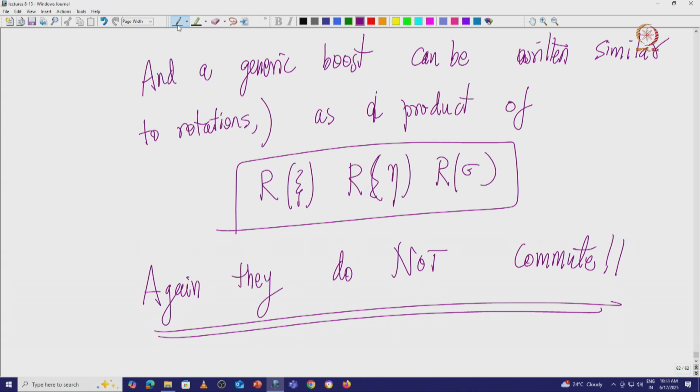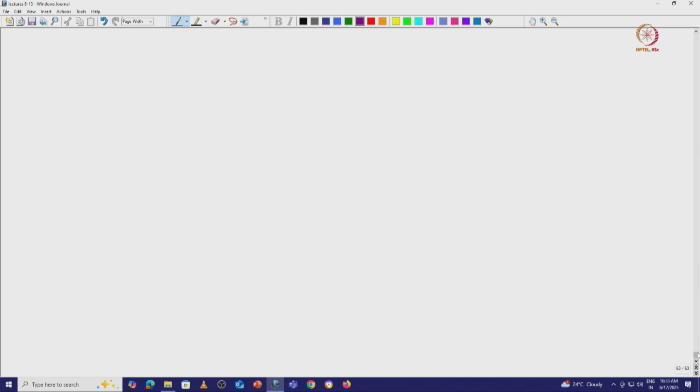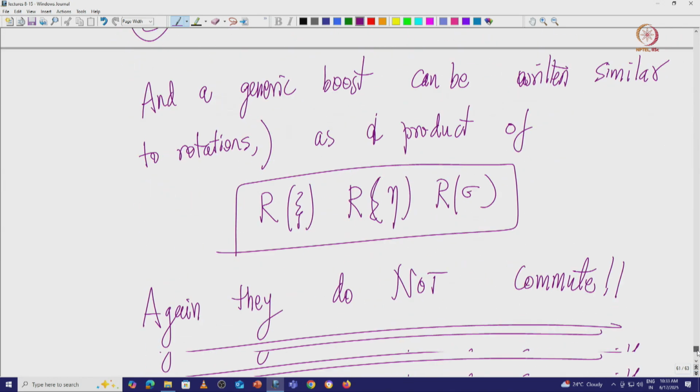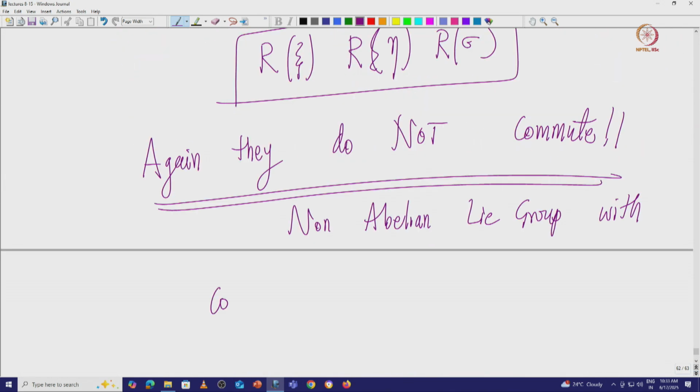That means this is a non-abelian Lie group with the corresponding Lie algebra.